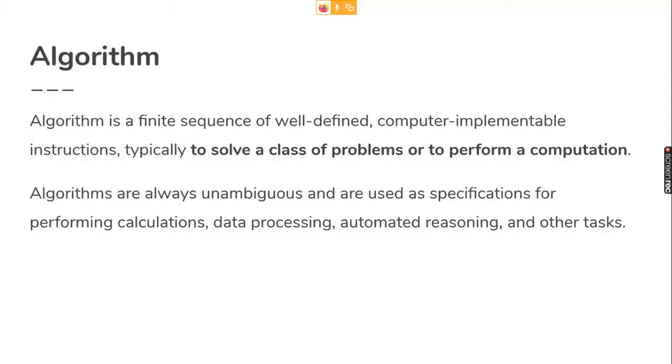But what is an algorithm? An algorithm is a predefined definition, easily understandable for computer implementation, and it helps us to solve problems and perform computation and manipulation of data. For example, if we are going to do arithmetic operations, then we need some data, right? We need at least two integers for performing arithmetic operations, like addition, subtraction.